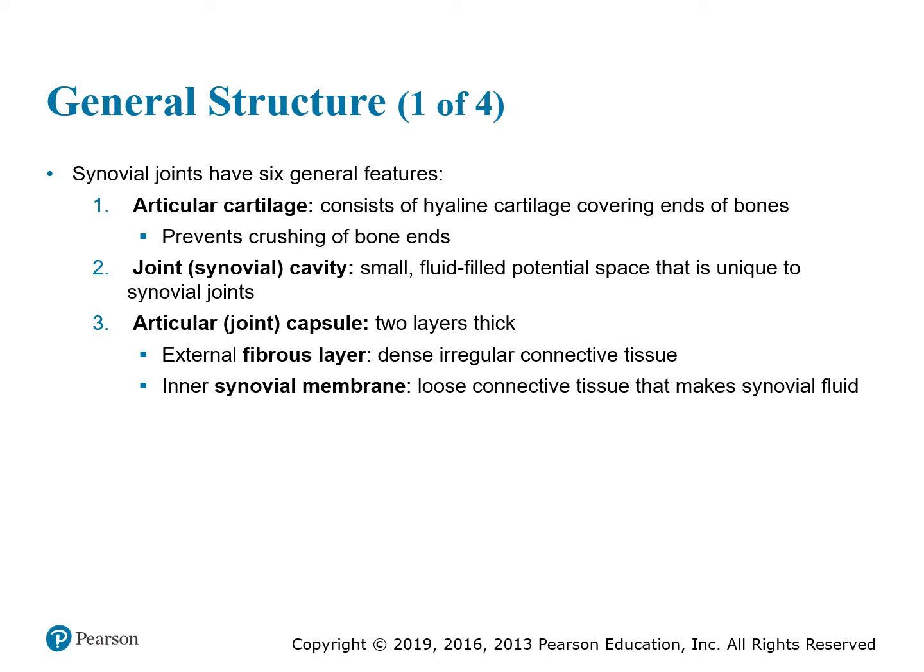Third, the articular joint capsule, 2 layers thick. The external fibrous layer consists of dense irregular connective tissue, and the inner synovial membrane consists of loose connective tissue, and that membrane makes synovial fluid.